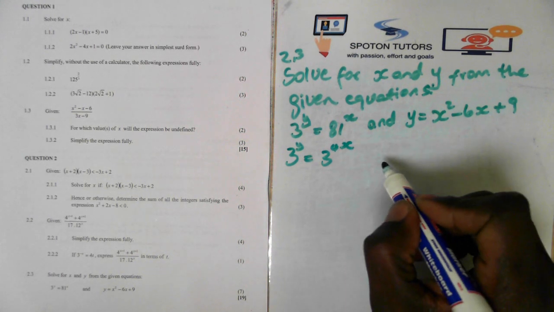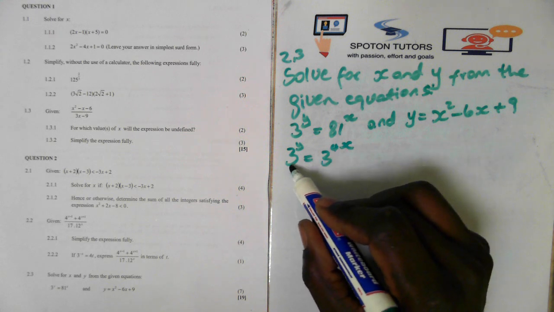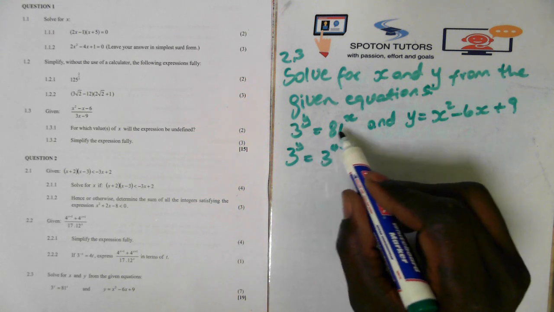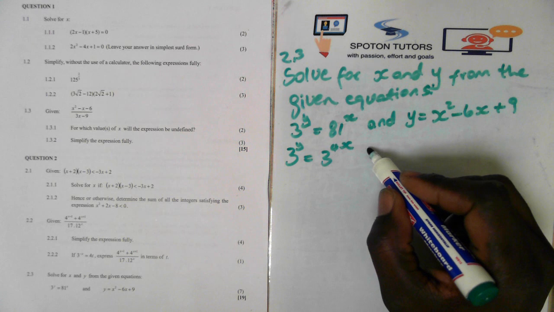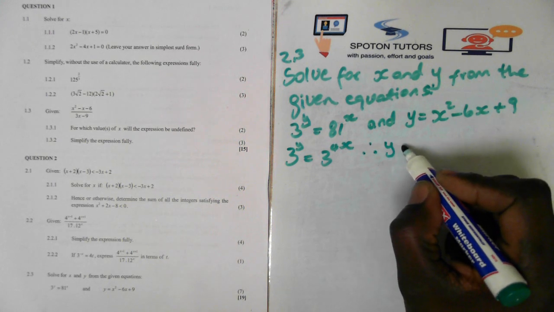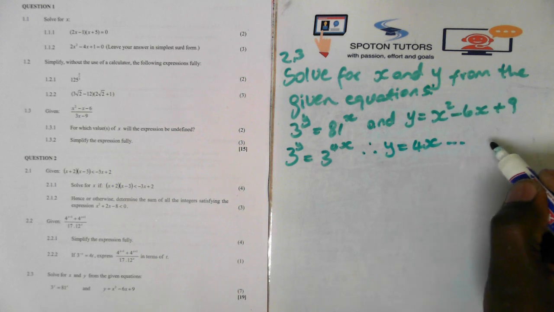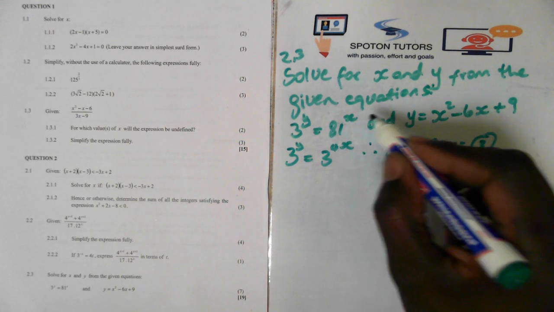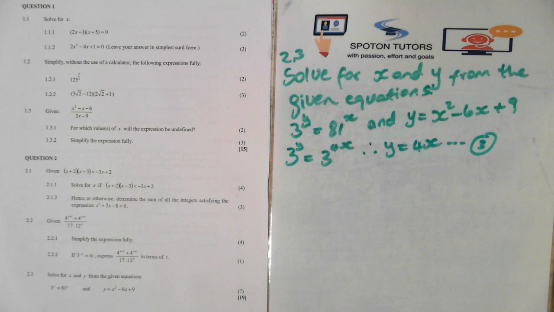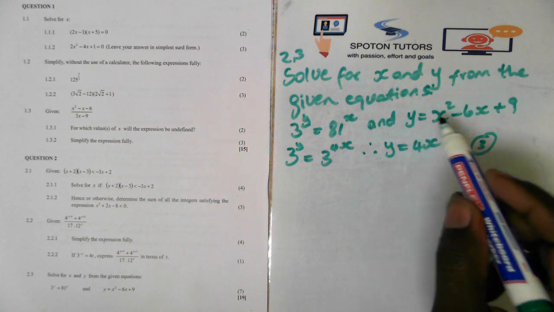Then what do we get? We know that when the base is the same, your exponents will be your answers. So therefore, y equals 4x. This is the third equation. This was equation 1, this was equation 2, this is the third equation. Once you have derived your third equation, it's a matter of substitution. So they said that in this equation y equals that.